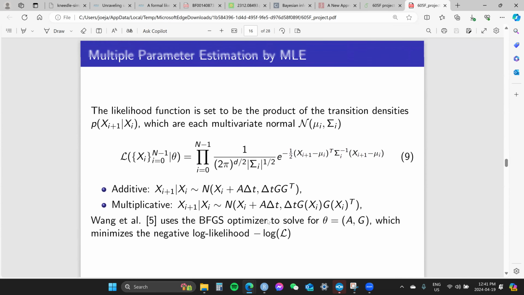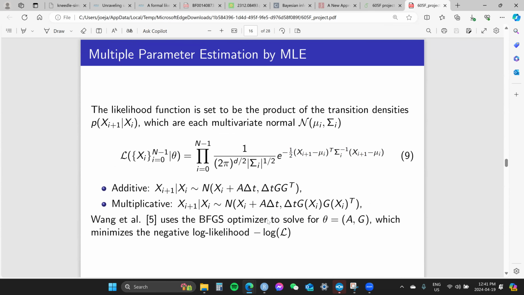Okay, so Vince went over the likelihood for univariate processes, but now we have multivariate processes. It's basically the same. Now we're just using multivariate normal densities. So the transition densities p of xi plus 1 given xi are now multivariate with mean mu i and sigma i. So in the additive noise case, we're plugging in mu i equal to xi plus A delta t, and sigma i is delta t G G transpose.